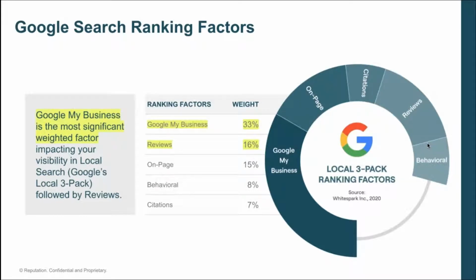So Google has certain factors that they weight more heavily than others when it comes to organic search. And what's really important to see here is the top 2 are Google My Business. That one is the biggest heavily weighted factor. And then the second one is reviews.